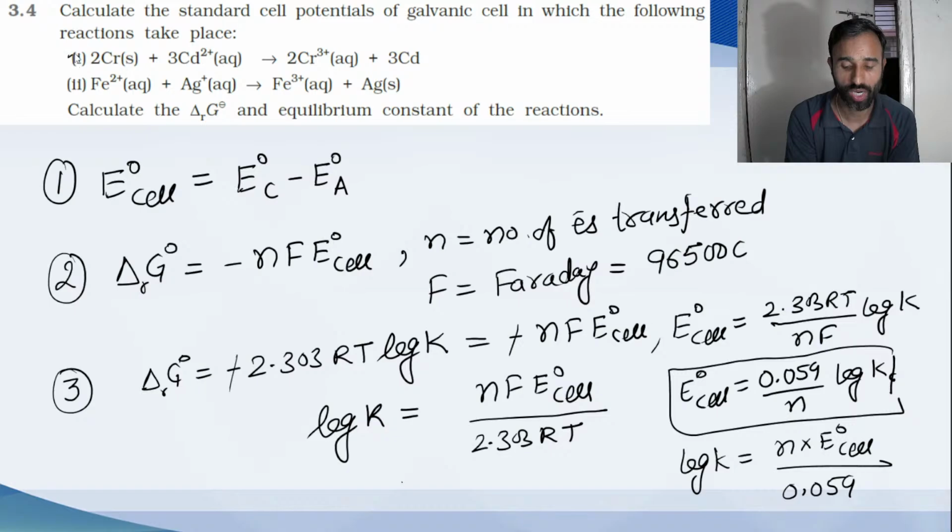First question. So that means V 3 plus to chromium, cadmium 2 plus to cadmium, Fe 3 plus to Fe 2 plus, and Ag plus to Ag. We need E naught values of all of them.